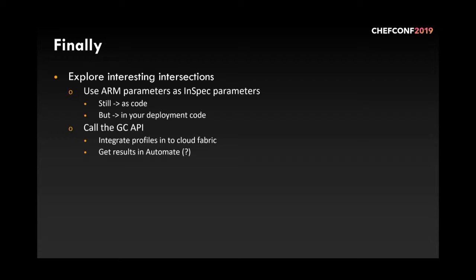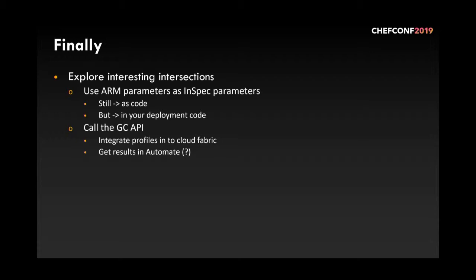You're still managing InSpec as code. So in your project, you're still going to have your profile checked in where you deploy your Azure Policy. You're rolling up your attributes into parameters for your Azure assignment. So it's still being managed as code, but you're keeping track of the specific environmental data as part of your deployment as opposed to just as part of your profile.